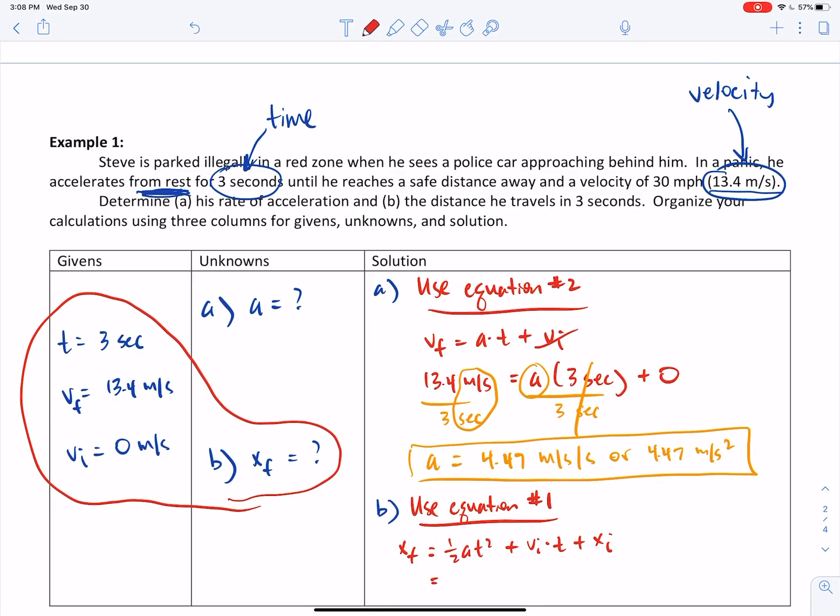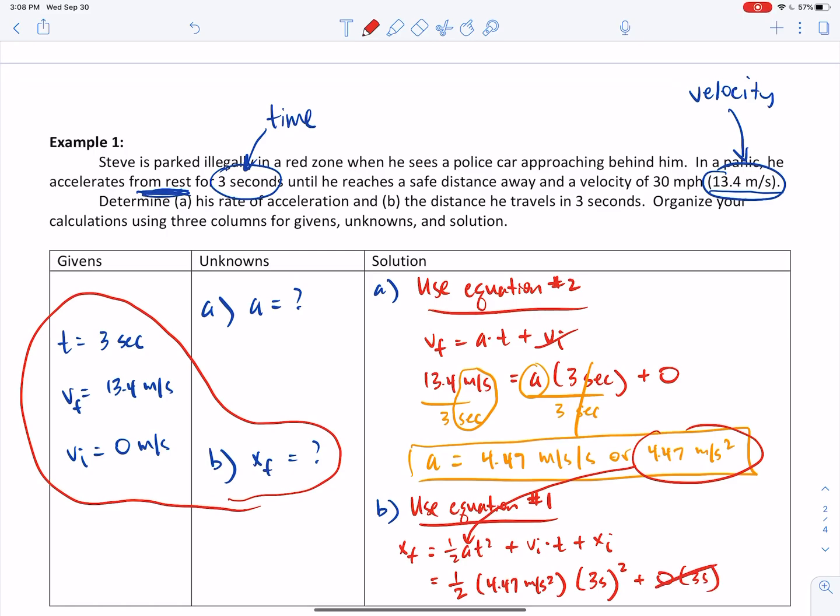And so I can just plug in the numbers. I now know the acceleration from here, so I can actually stick that in right there. 4.47 meters per second squared. And then the time is 3 seconds. Don't forget to square it. The initial velocity is 0 times 3 seconds.